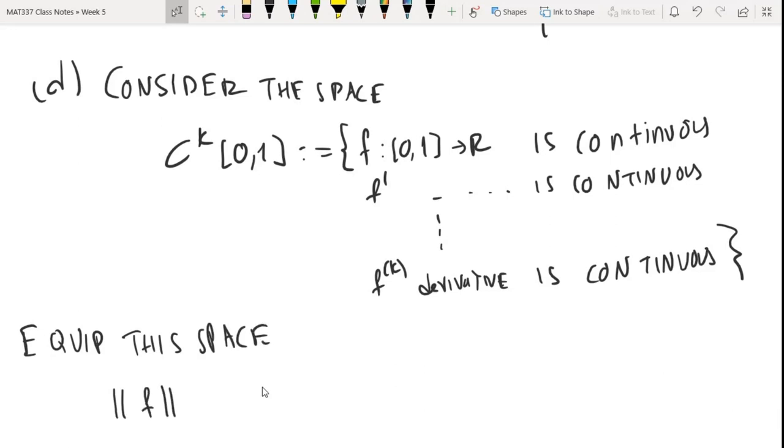Let me write it as C^k like this. So that's one way you can see it. This is the summation from m equals 1 to k of the sup norm of the m-th derivative.